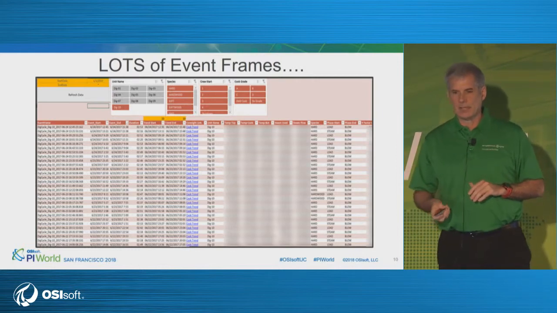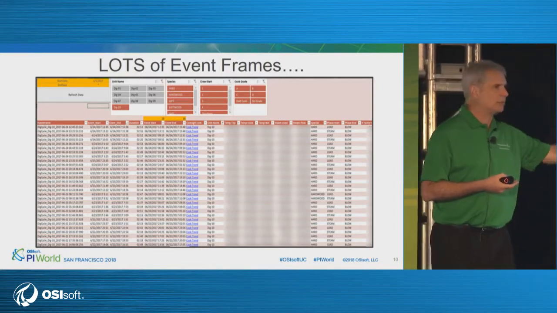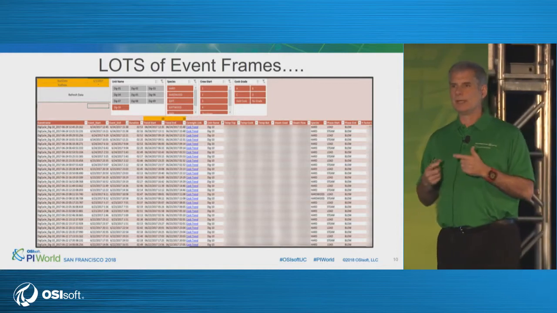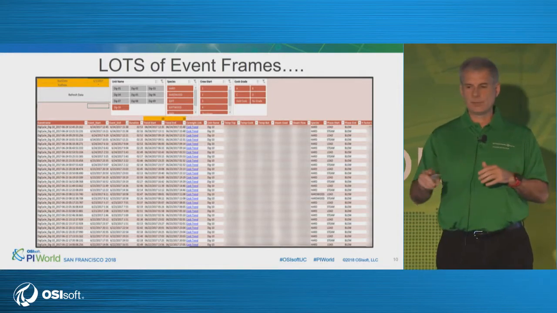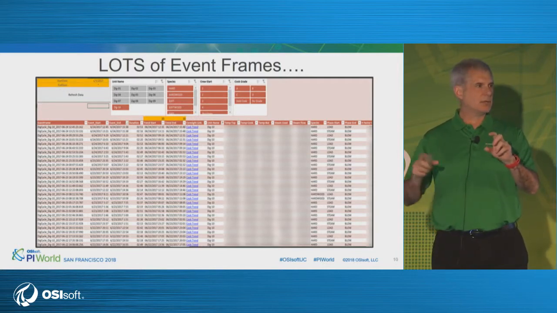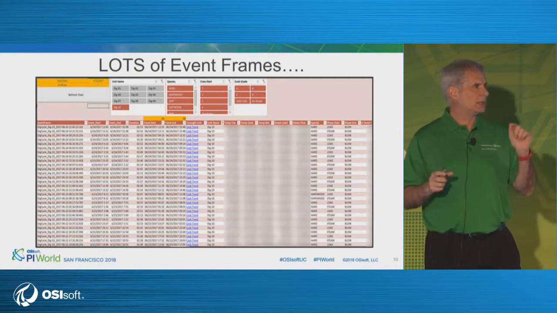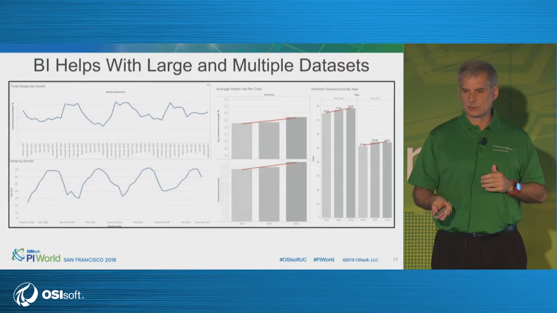That's much better. The other thing that Jim did, and you see the little blue hyperlinks, is build up URLs that we can pass to Vision. So if we filter this down and start seeing data that is of interest compared to something else, we click on those links and it takes us to that event frame, and we can see it in Vision.